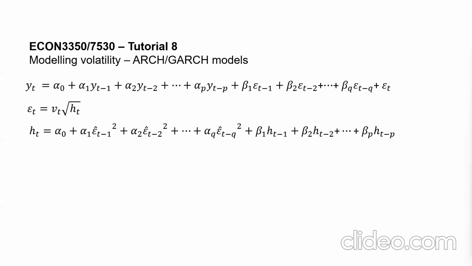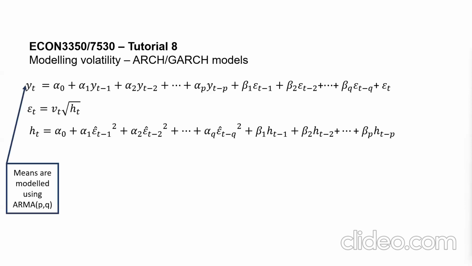That is an indication that it violates the assumption of constant variance that we make for the ARMA models to work. Clearly, the variance is not constant over time, so we need to see how we control that. These models start with a model that we represent the mean with.